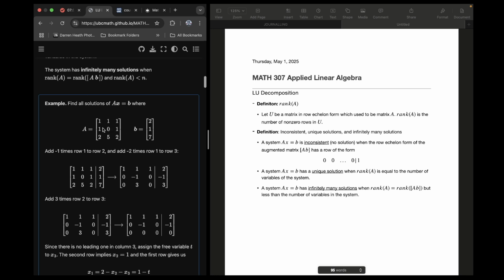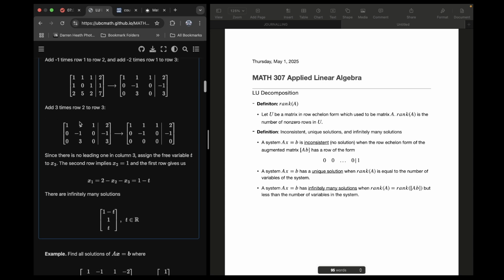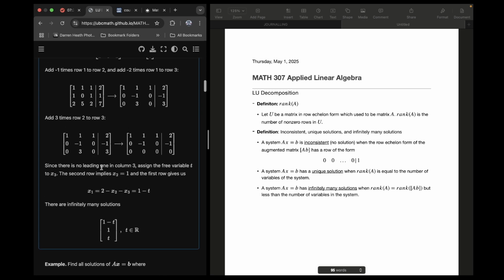So they're going to do elementary row operations. Add -1 times row 1 to row 2, add -2 times row 1 to row 3, and add 3 times row 2 to row 3. Since there's no leading 1 in column 3, assign the free variable t to x3.